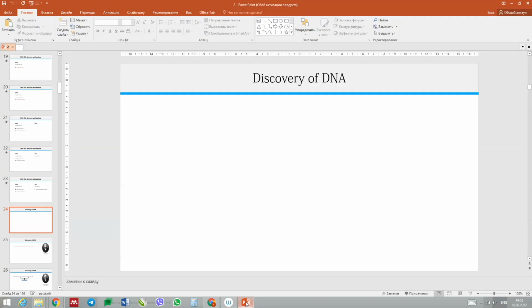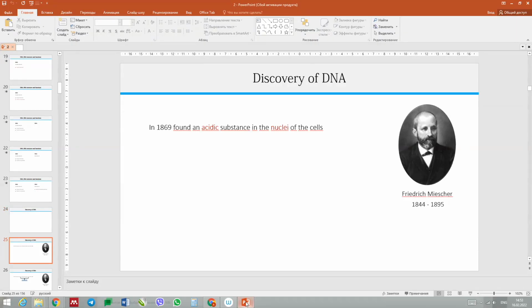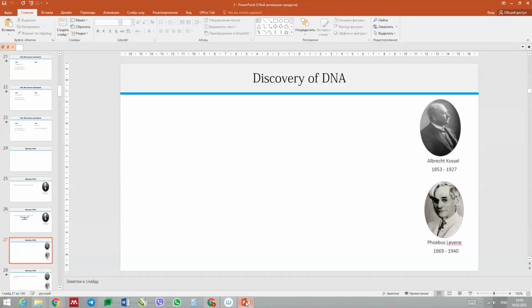Let's speak a few words about prominent people who gave us knowledge about DNA. Friedrich Miescher in 1869 found an acidic substance in the nuclei of the cells, and the term nucleic acid was proposed. So, something acidic inside of the nuclei: nucleic acid.